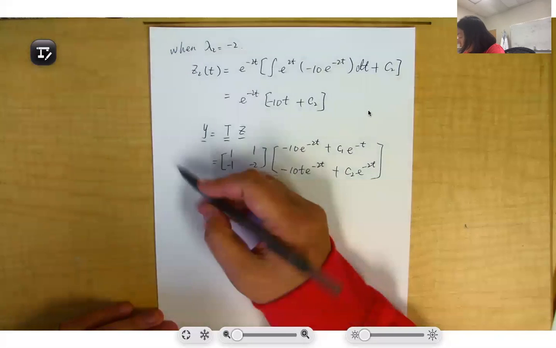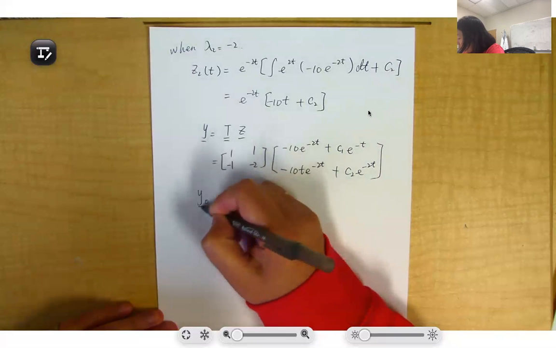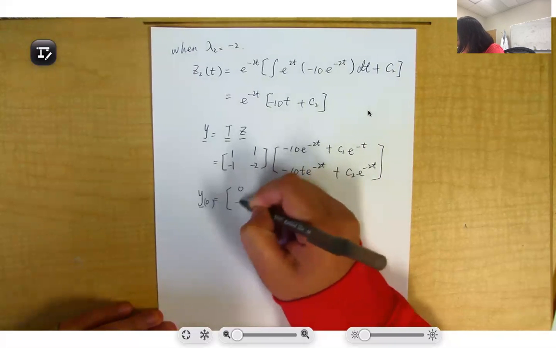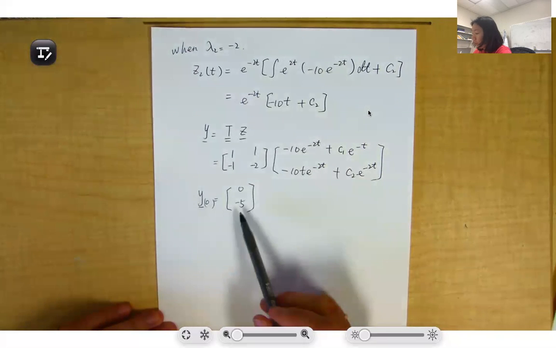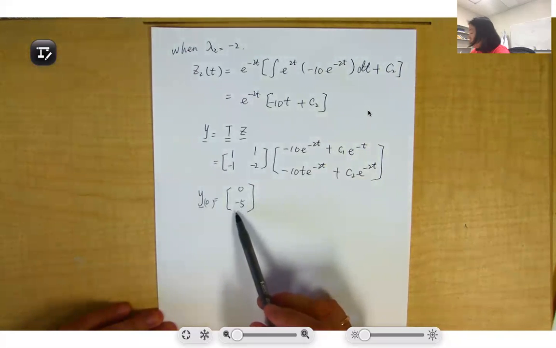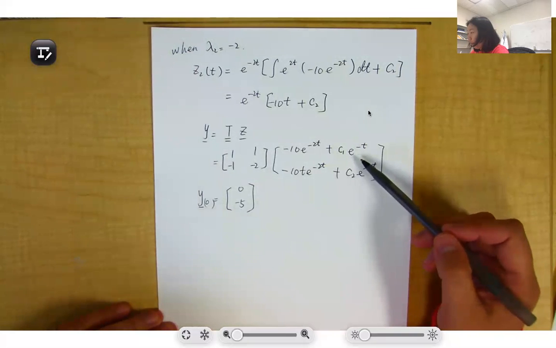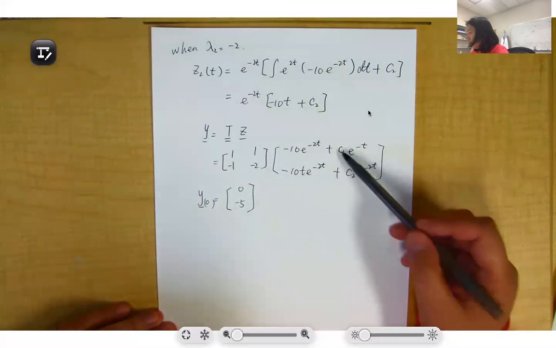However, you know what your initial value is. So y(0) will be equal to [0; -5]. Then you can input this initial value into the general solution and get your c1 and c2.